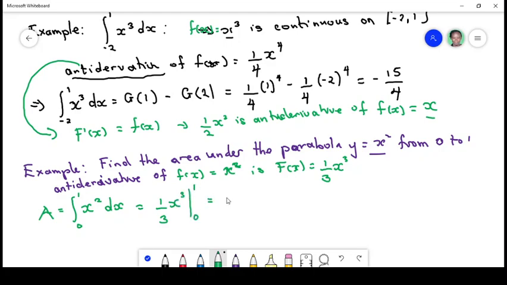So this is equal to 1 over 3 times 1 minus, from our definition, 1 over 3 times 0. And this gives us 0. So we have 1 over 3, applying the fundamental theorem of calculus.